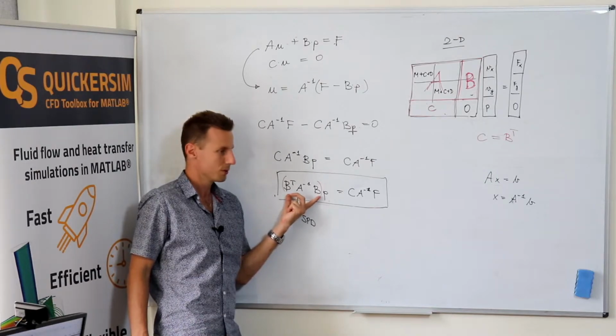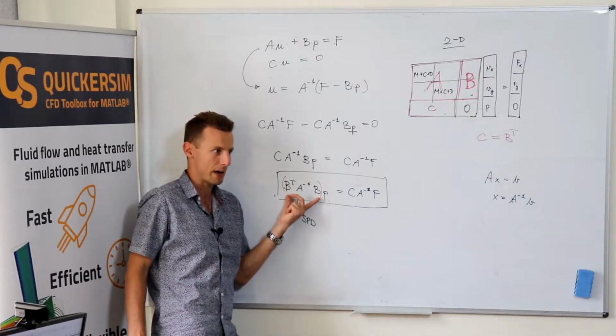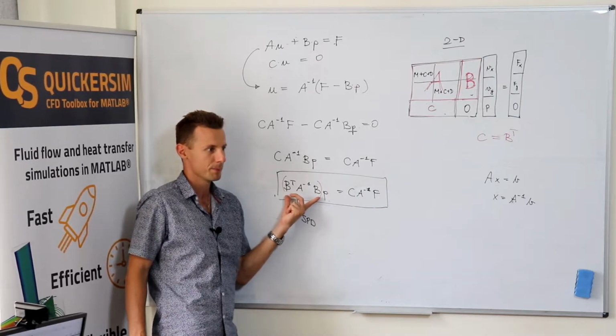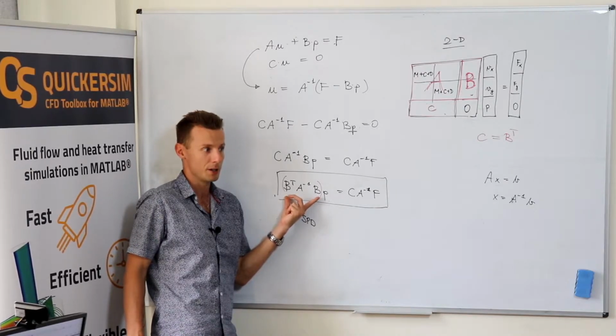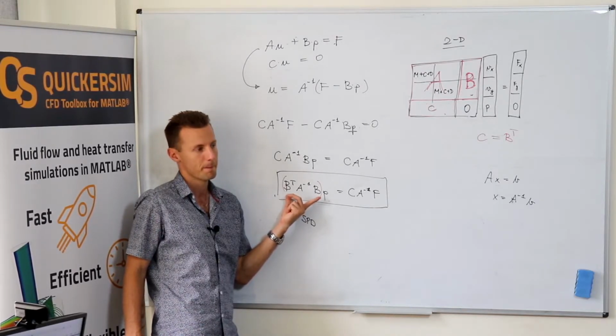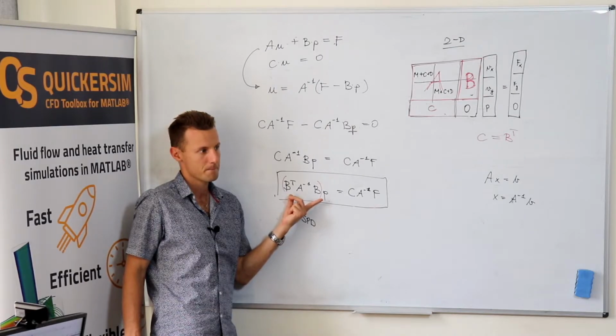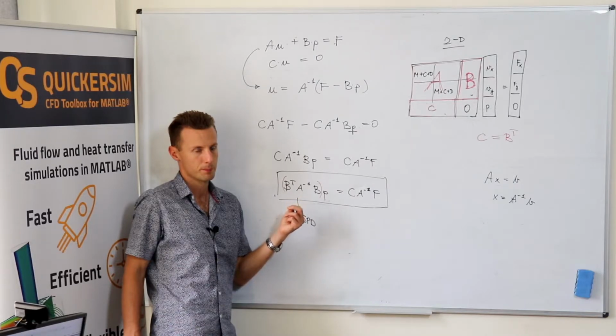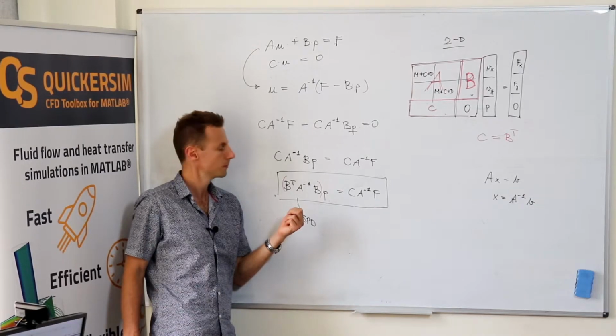What can we do to solve such a system without having this matrix constructed explicitly? Can we use some of the linear solvers? I have two ideas. I don't know which is better, but we can do it one by one. In the first step, divide by B transpose.